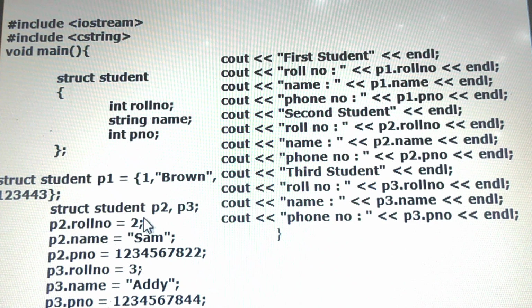Next we declare the structure with the 2 objects: struct student P2, P3. First we declared the object with initialized values; second we declare the objects P2 and P3. This is for the second student and this is for the third student. Then we can assign the values normally like this.